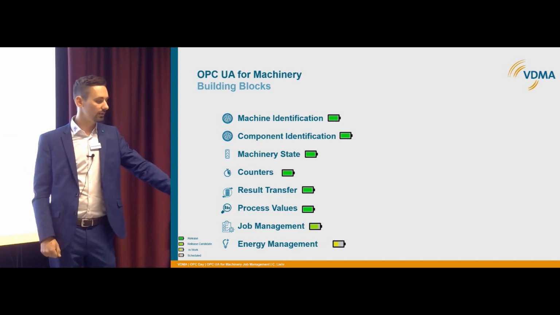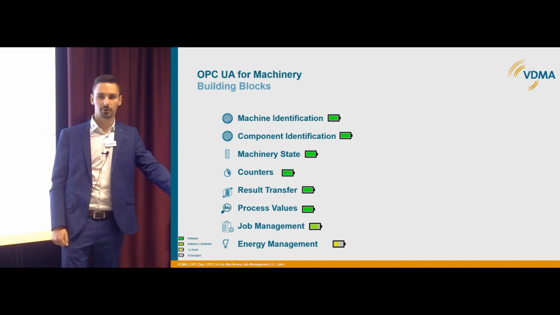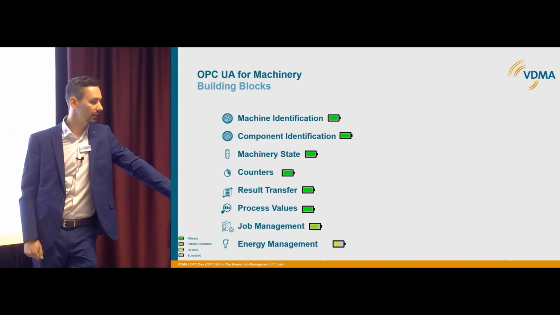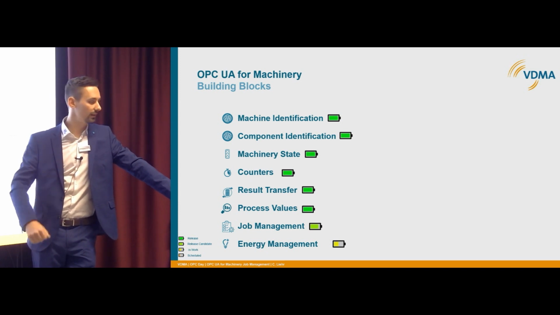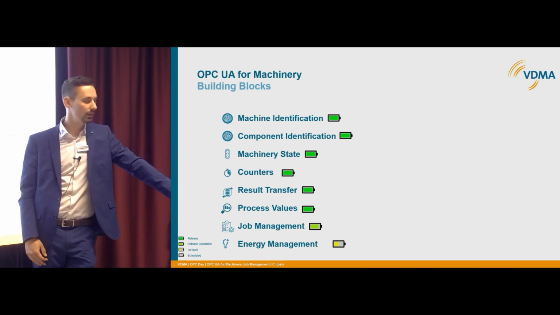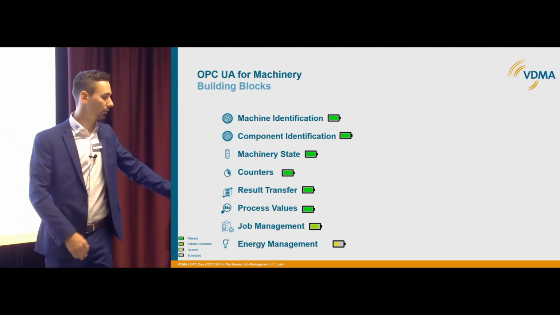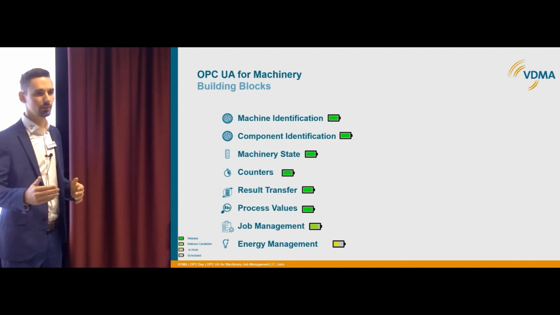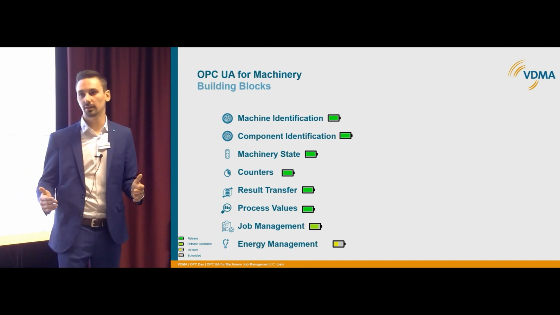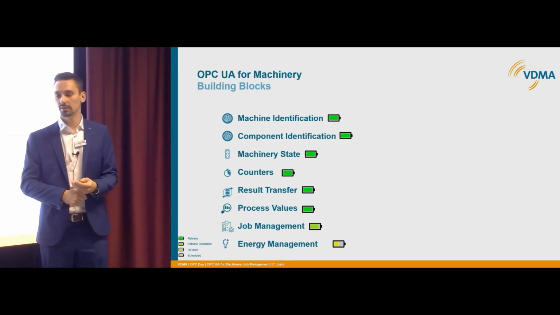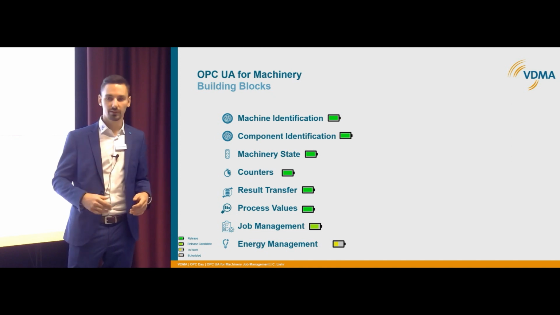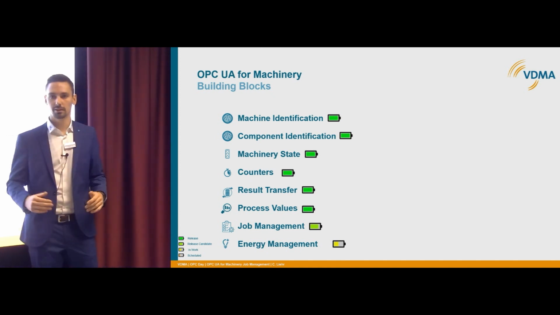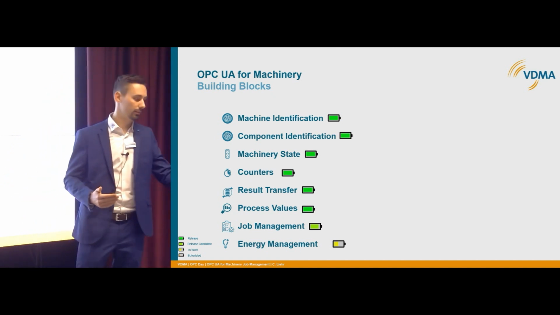The last building block that is released yet is the building block for process values. Process values contains a mechanism to ensure the harmonized representation of process values. The great advantage here is that whenever you want to access some metadata of a process value, for example, engineering unit of this process value, a higher limit, a lower limit, or even a set point, you can do it in a standardized way with this building block.